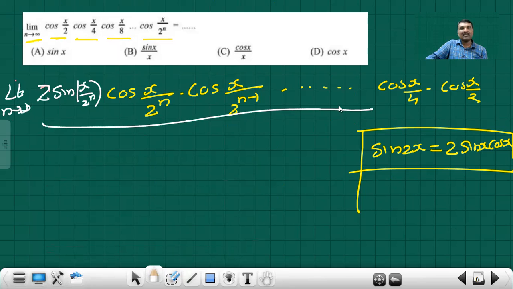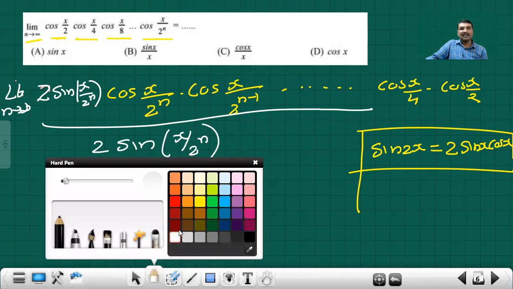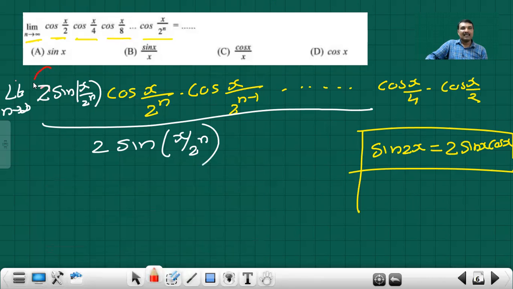So I have to divide this by 2 sin x by 2 raised to n. Now this tail we can collectively use this formula and it becomes sine x divided by 2 raised to n minus 1.